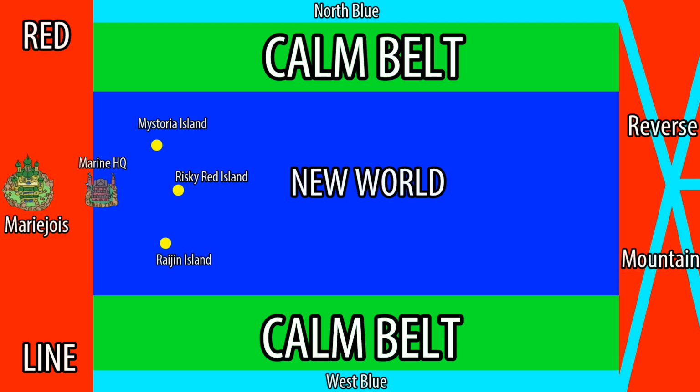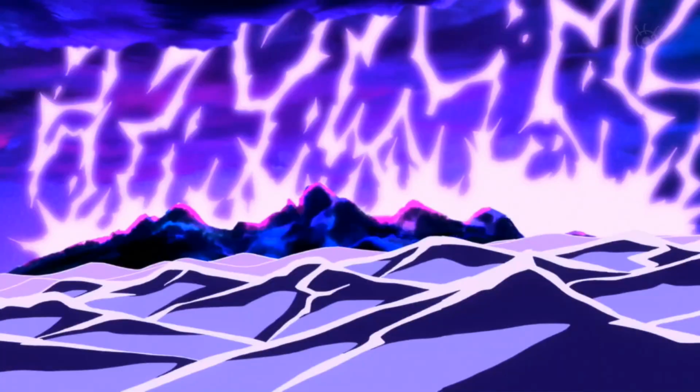Raijin Island being the most dangerous. The compass of the log pose will be the most erratic toward islands that have really crazy weather patterns. Basically, the more the compass needle bends, the more dangerous that island is. And Raijin Island is the island that has all the lightning bolt rain coming down on it, so that's why it's dangerous.